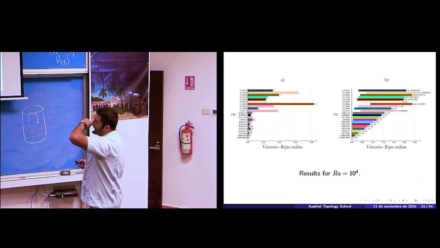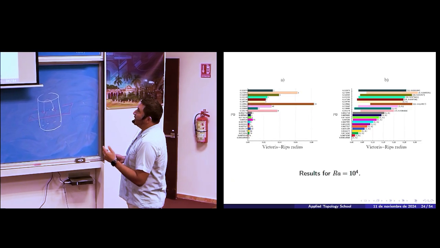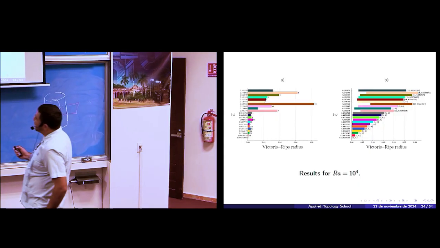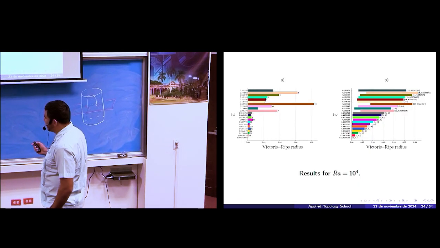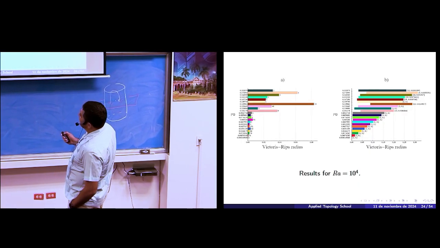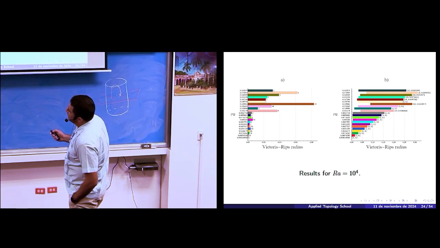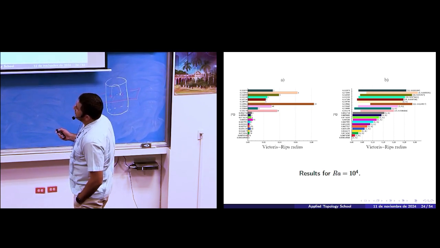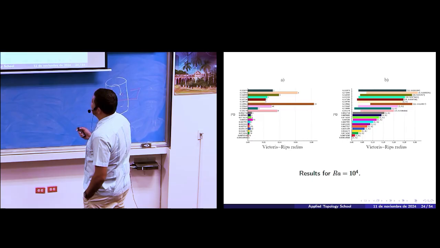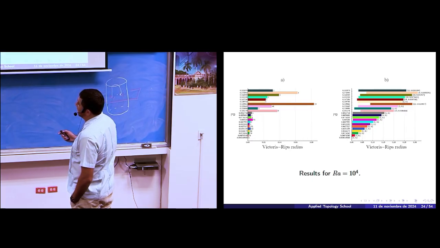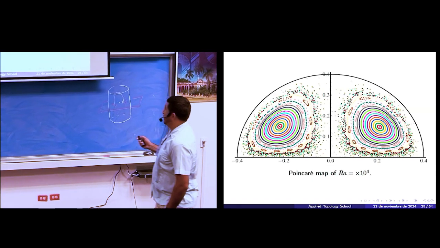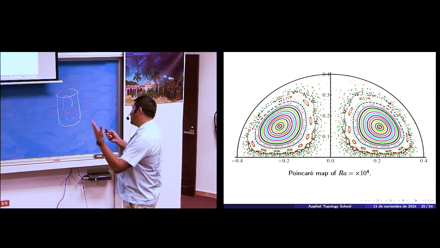In this case, for the second Rayleigh number, we detect two special sets: 9 and 10. There are more. For example, here 31. 31 says that this red set is divided in 31 segments, but obviously it's difficult to see here.